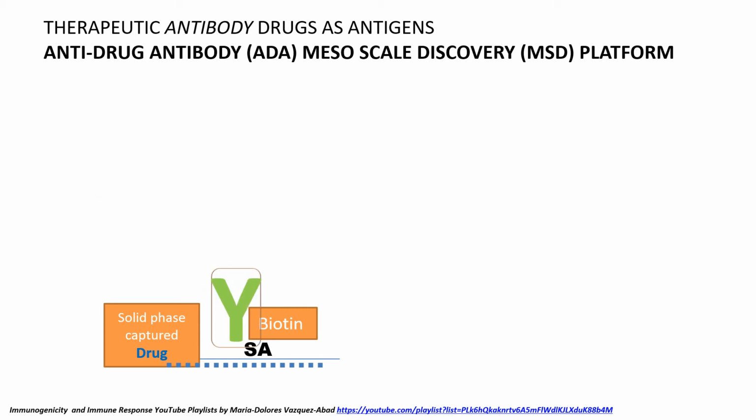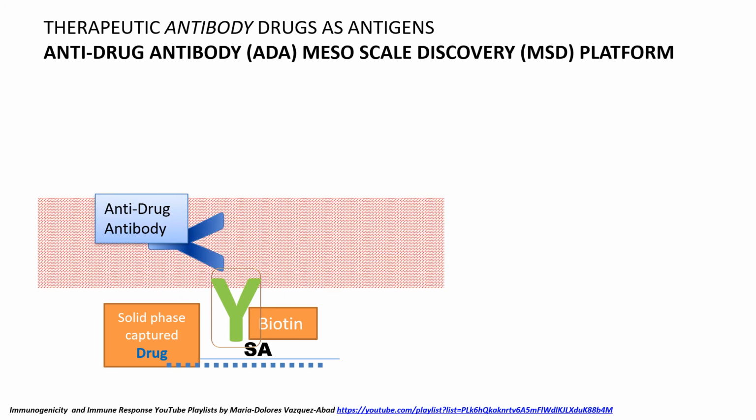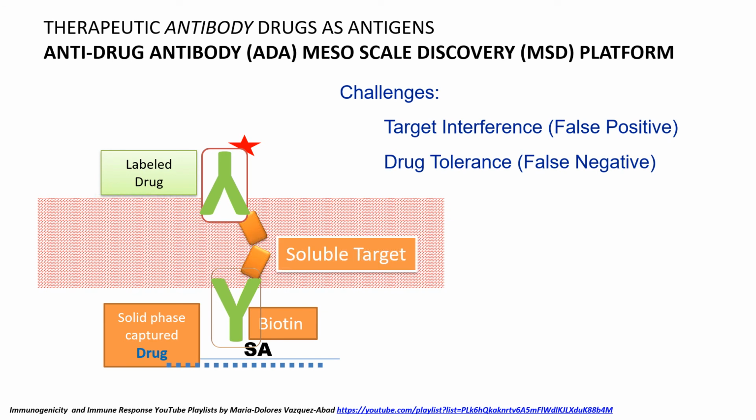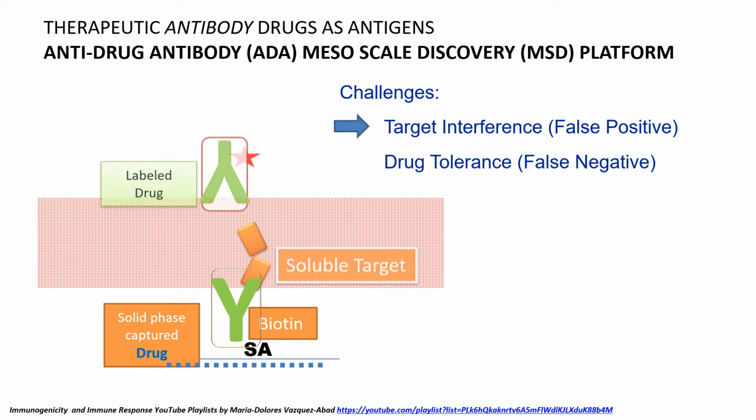The assay for anti-drug antibodies, when the drug is not a protein but an antibody, is basically the same idea. We have the drug, which is an antibody, bound to the plate, the sample from the patient, and then the drug, which is an antibody, labeled. And we have exactly the same challenges. If there's a soluble target, we could have a false positive result.